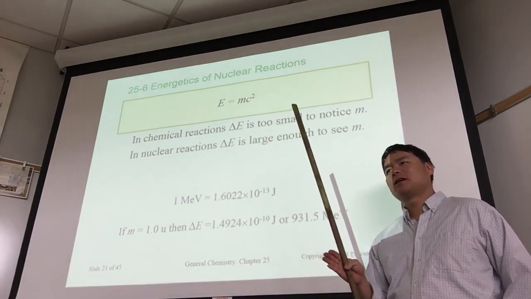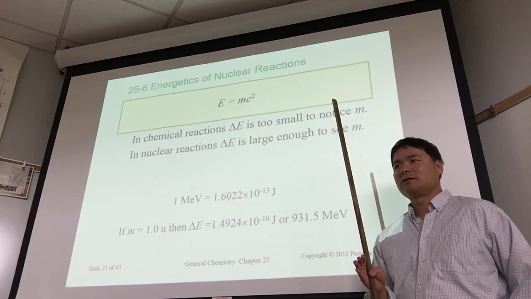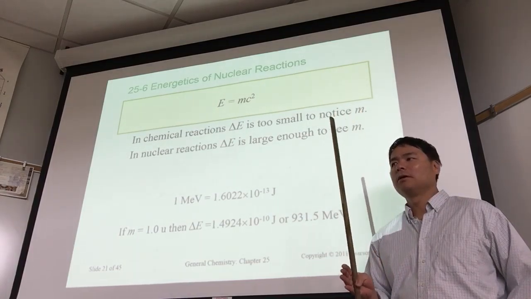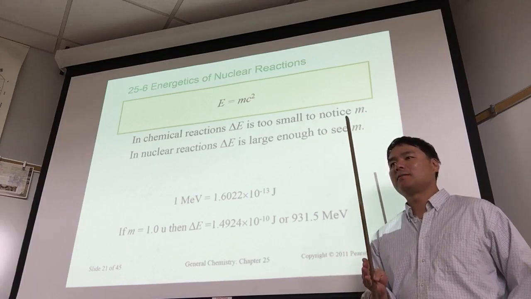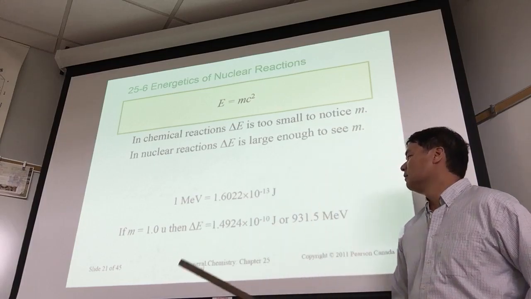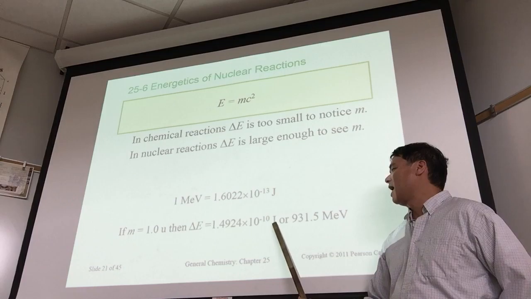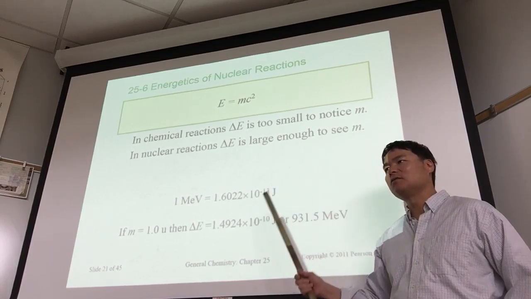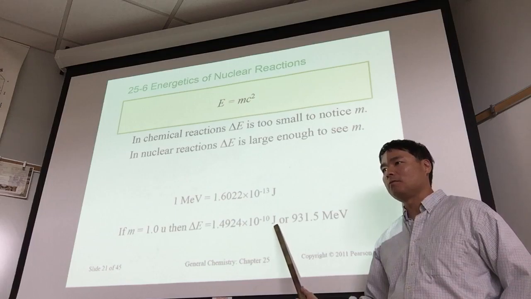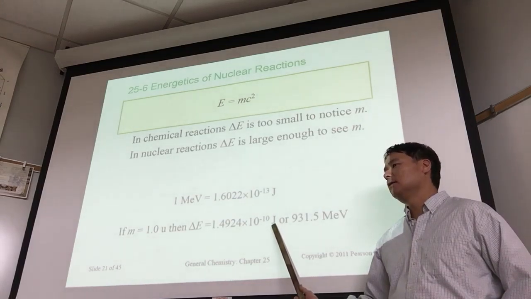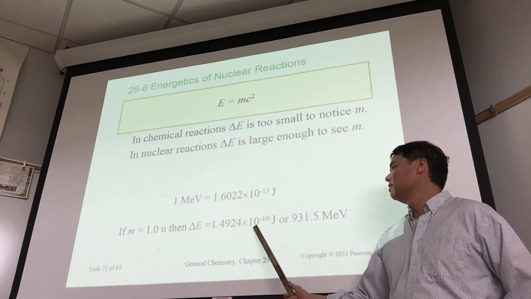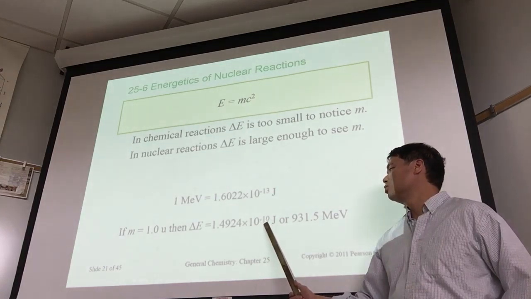But the problem is we're talking about different scales, because nuclear physicists and nuclear chemists don't talk per mole. They talk per nuclide or per atom. If we want to put it into terms we understand, we have to convert it to per mole by multiplying by Avogadro's number, which is times 10 to the 23rd.